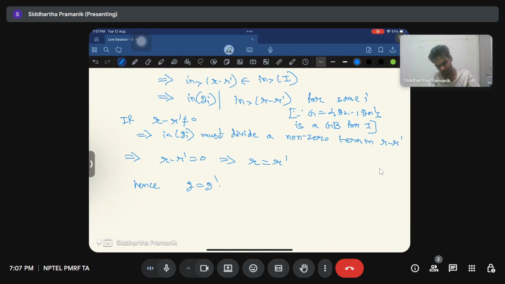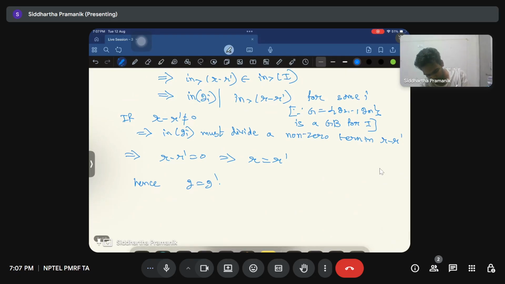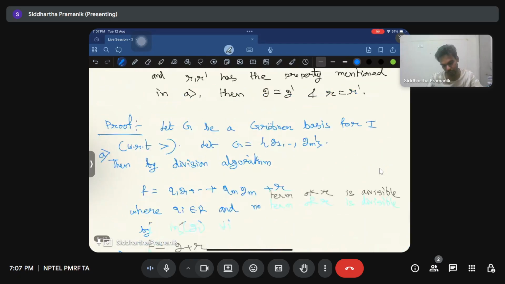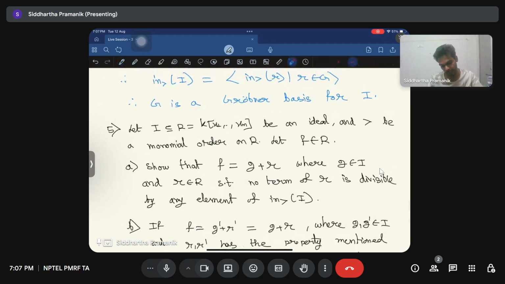So this is a contradiction, which is not possible by the hypothesis. So R minus R prime has to be 0, hence R equals R prime. So this expression is unique. Any element of the ring can be expressed as some element of the ideal plus some remainder, and those elements are unique.